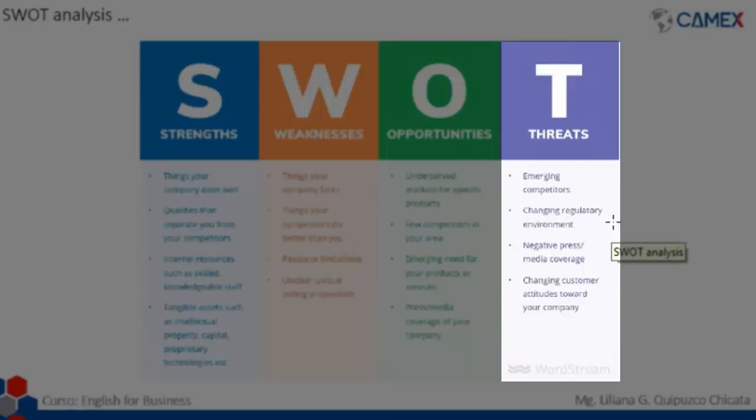So maybe if we have those kinds of issues with not being that clean, we will have the potential threat of negative press or media coverage that could get to the point to kill our business. So we must be careful with that.